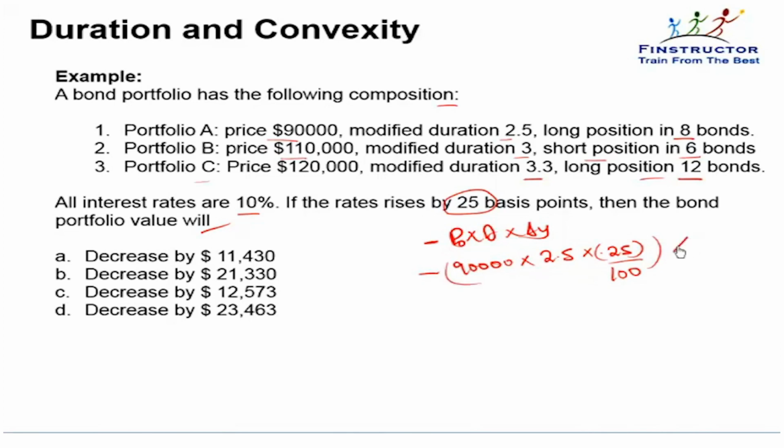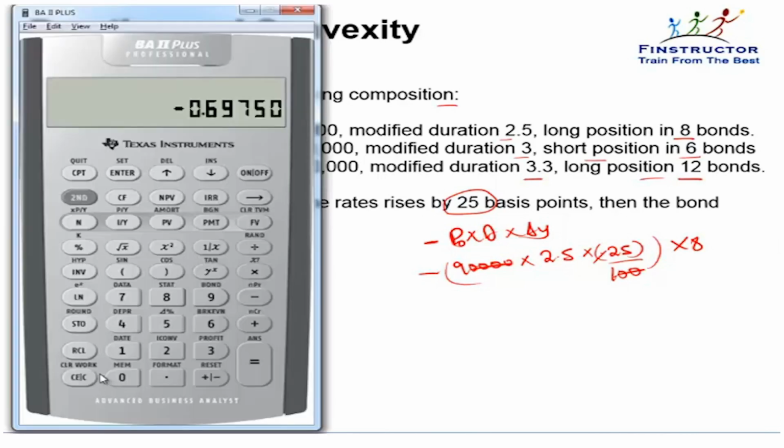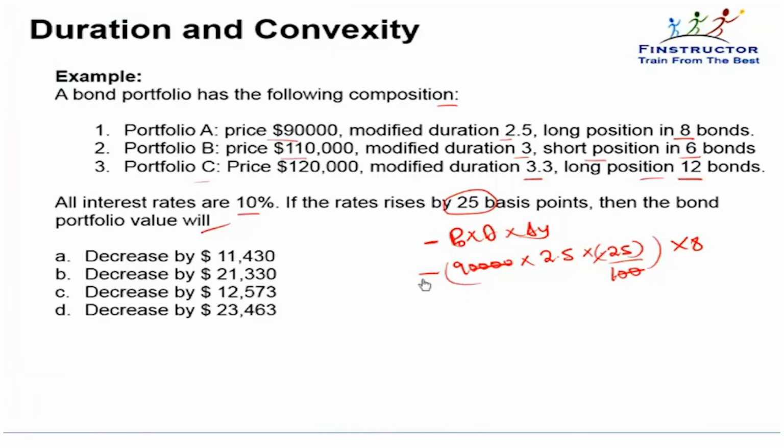So if we multiply this with 8, it will give us the total price fall for 8 bonds. Let's calculate. It will be 9 into 2.5 into 25 into 8, that is equal to $4,500. So the decline in the price of the first portfolio will be minus 4,500.